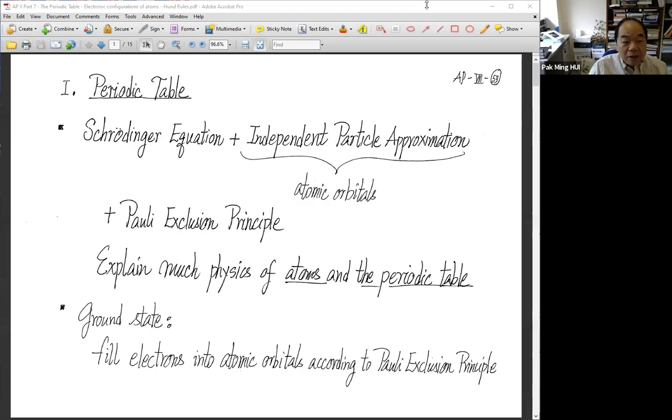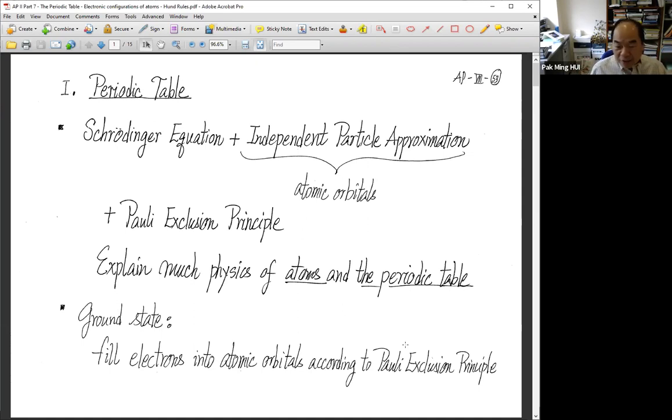Then the very last part of this module is just to take another look at the periodic table. You have seen this many times from high school, maybe year 1 chemistry course. I hope this time around you will have a better appreciation and a better sense.